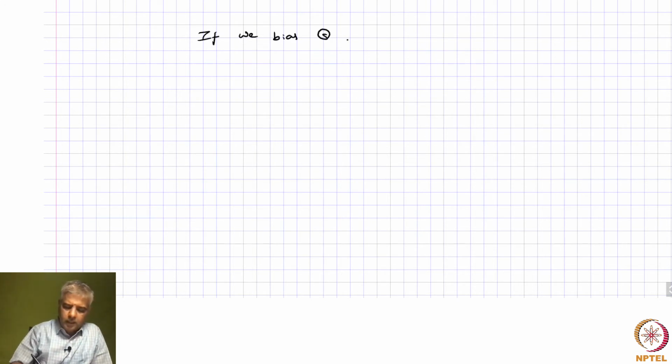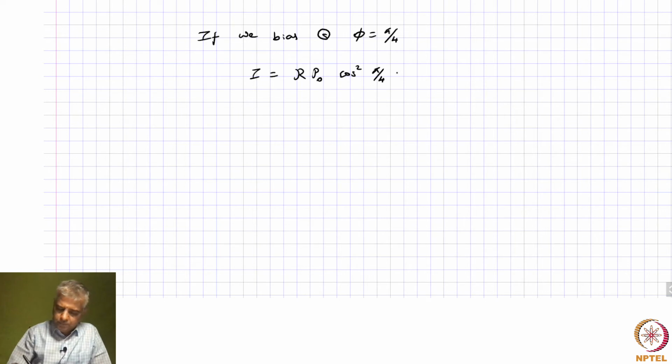If we bias at phi equals pi by 4, then I is given by r times p naught [cos square of (pi by 4 plus theta) minus sine square of (pi by 4 plus theta)]. Theta corresponds to the change in polarization angle as a function of that perturbation.